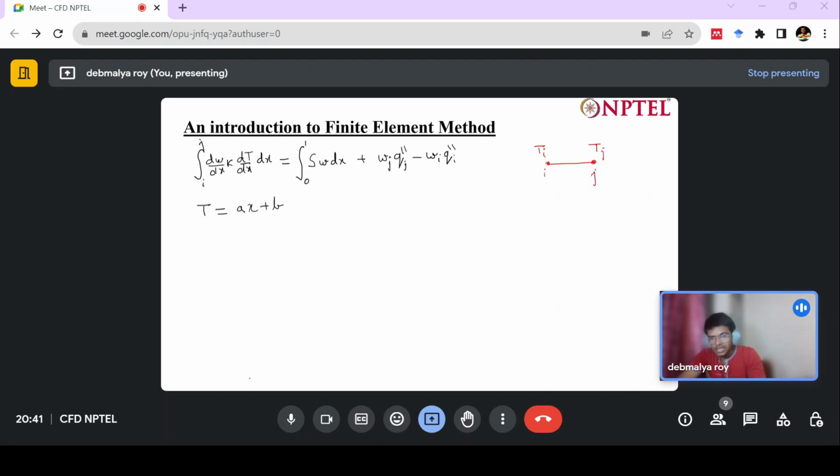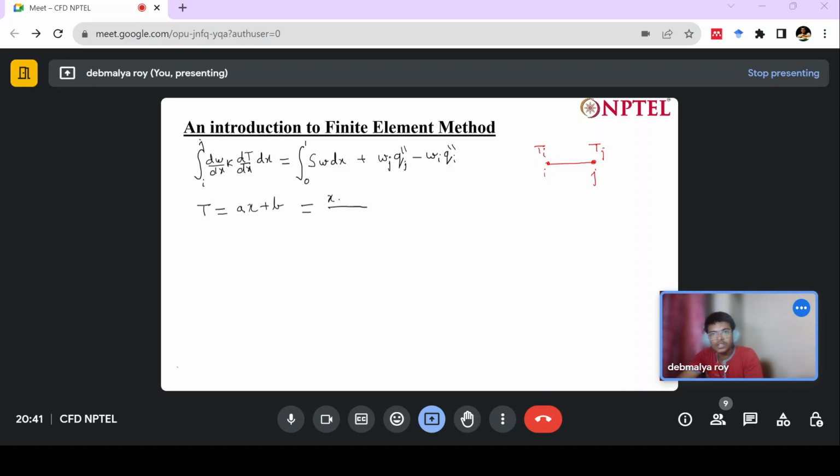If we do that and write a linear expression, we can come up with this. If we put these as boundary conditions, you will find the expression I'm going to write, but I'm directly writing the expression itself.